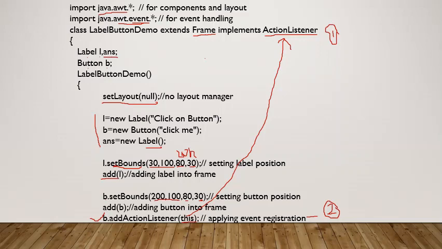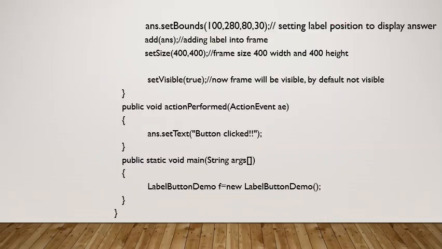Next, we need to use the setBounds method on the label answer, and then add the answer, and then don't forget to write setSize and setVisible. So answer dot setBounds, again x and y coordinates as per my requirement, width and height, and then add the component.